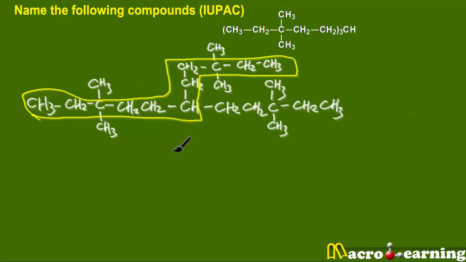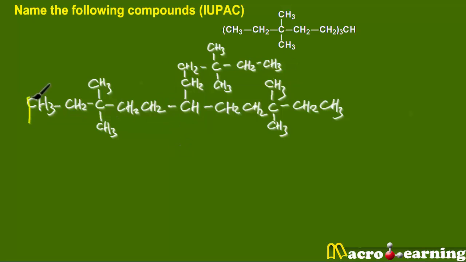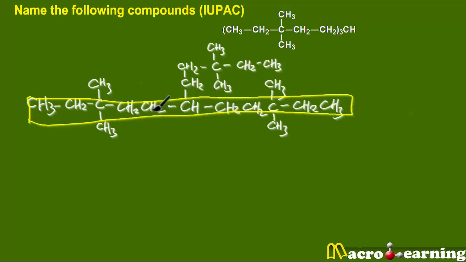Same main chain, same substituents, right? So stay with this main chain. How many carbons? 1, 2, 3, 4, 5, 6, 7, 8, 9, 10, 11. 11 carbons, so it's gonna be a undecane.